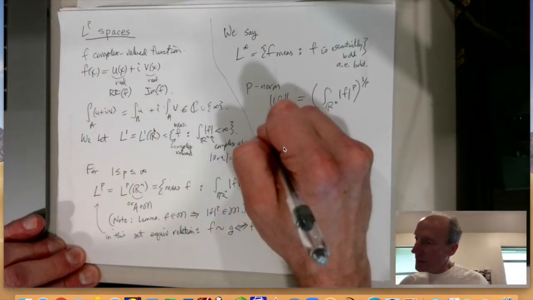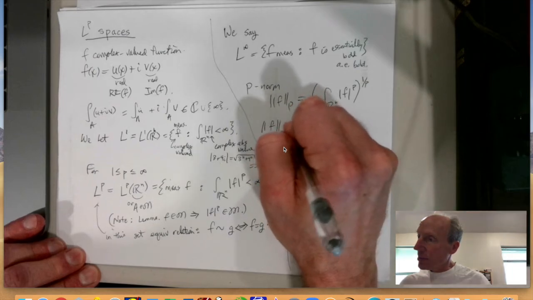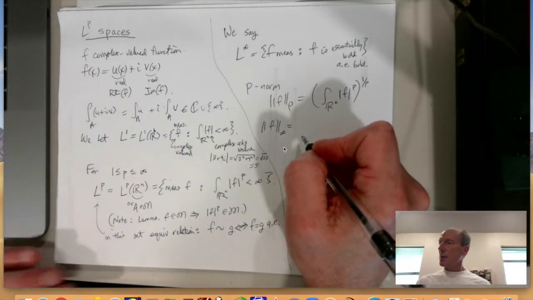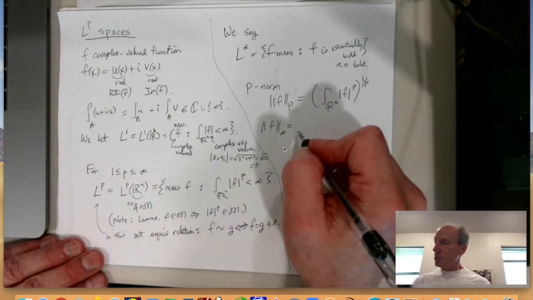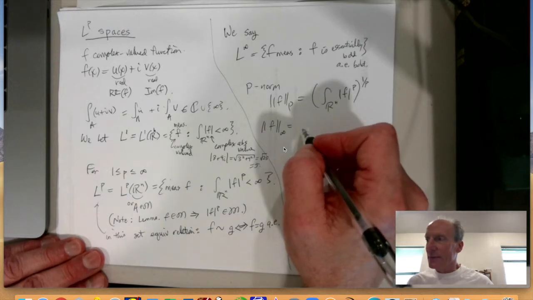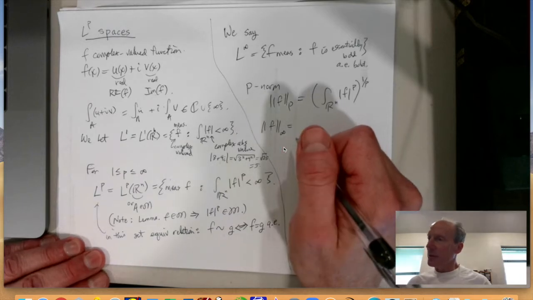And then the infinity norm of a function f is sort of like the sup of the function after subtracting off a set of measure 0. So what the heck is this?